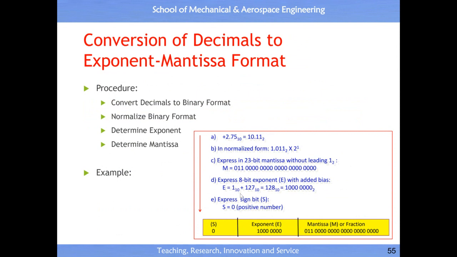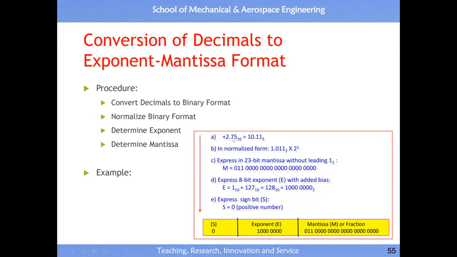The good news with our Cortex M4 is that the hardware already supports the implementation of this exponent mantissa format. So this is why you can do scientific computation with the microcontroller.